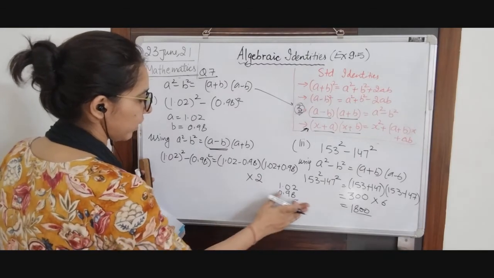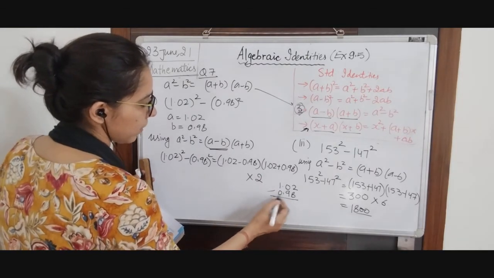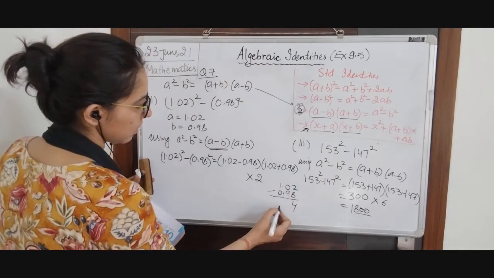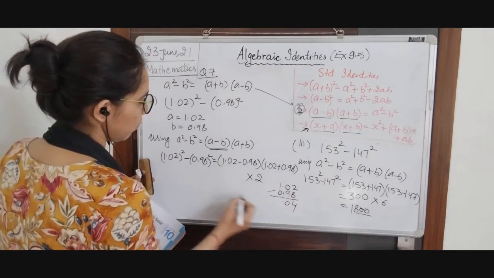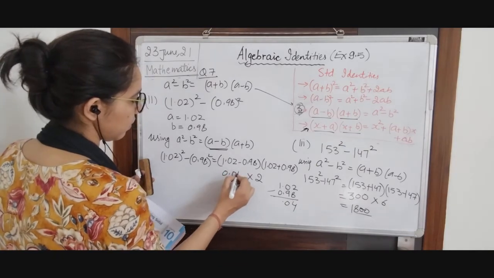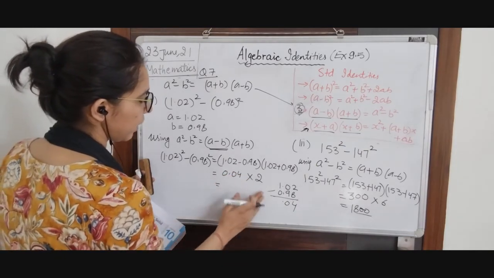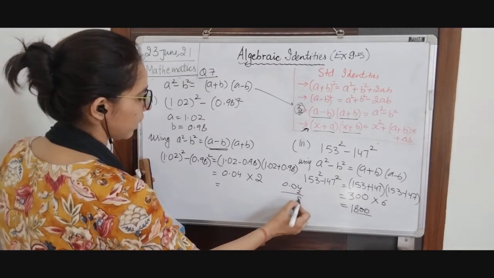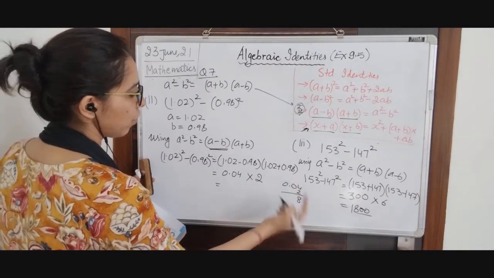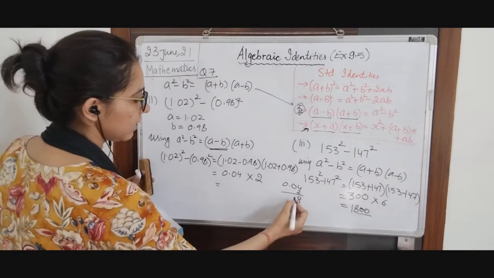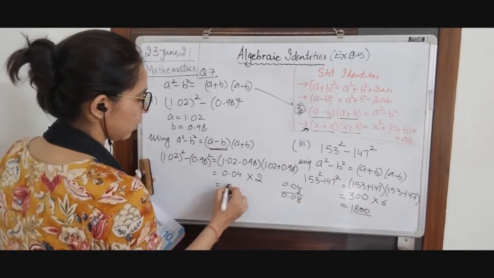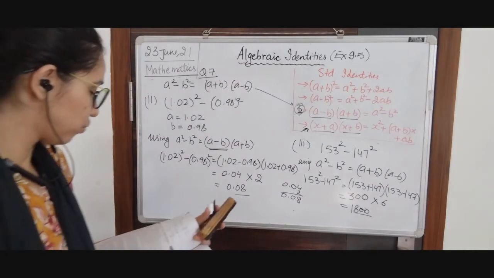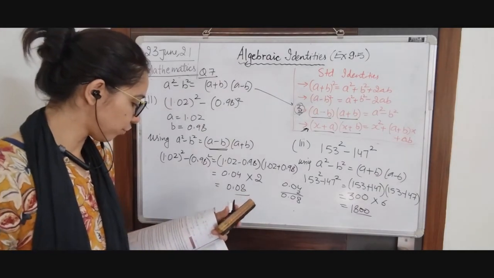Now we have to subtract: 1.02 minus 0.98 is 0.04. We are going to multiply 0.04 with 2. We get 8, and we have to put the decimal before two numbers from the right, that is 0.08. This is going to be our answer. Similarly, we can do our fourth part.